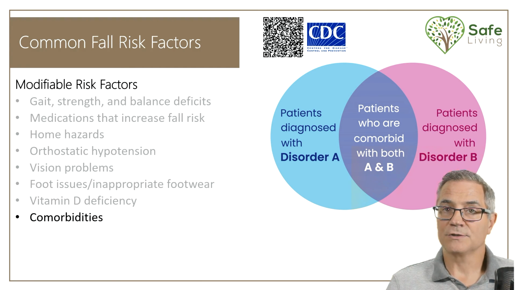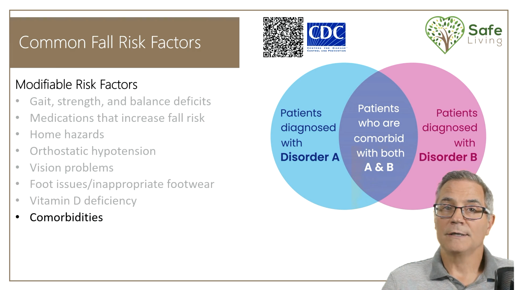Then comorbidities, meaning people who have multiple disorders. If you have disorder A and disorder B, you are comorbid with both.